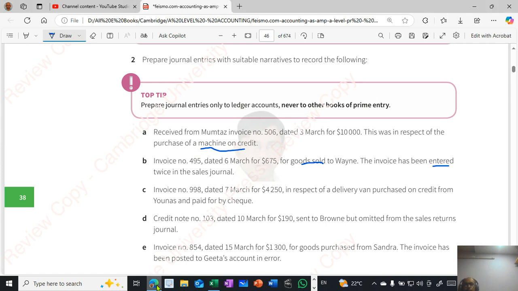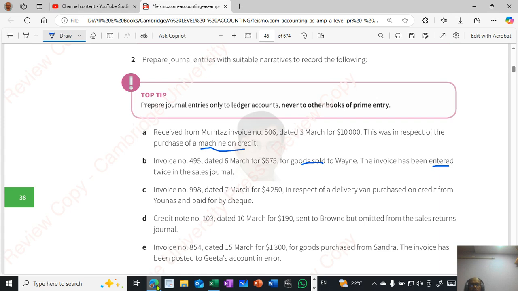Next, invoice number 854 dated 15th March for 1300 for goods purchased from Sandra. The invoice has been posted to Geeta's account in error. It is entered in the purchases account, but the posting is wrong.